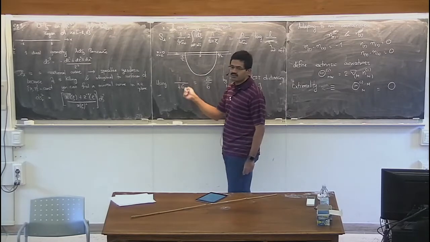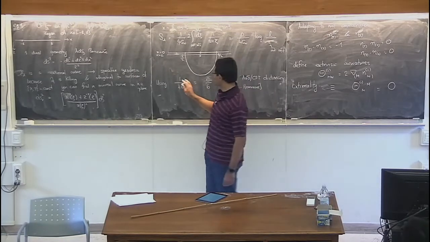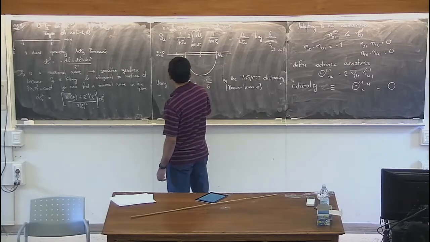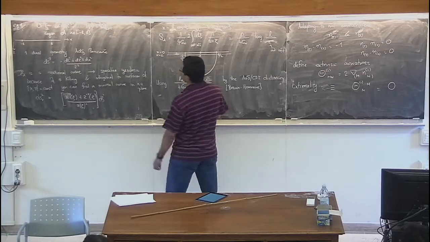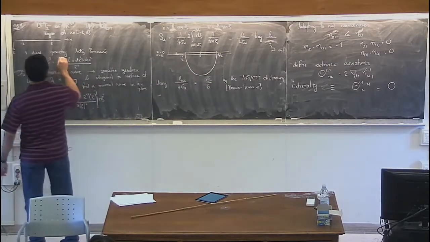I've set the AdS radius to 1, so this formula looks weird, but really this should read L_AdS. If I want to put the L_AdS back, I should put it all over the place here.